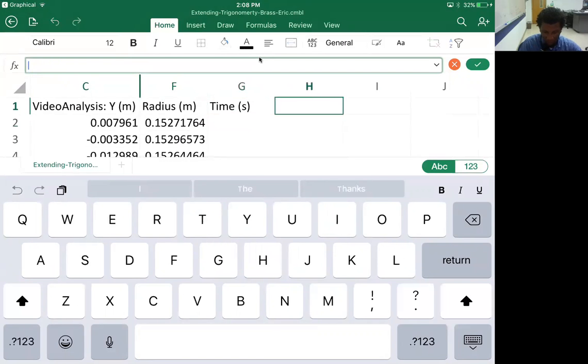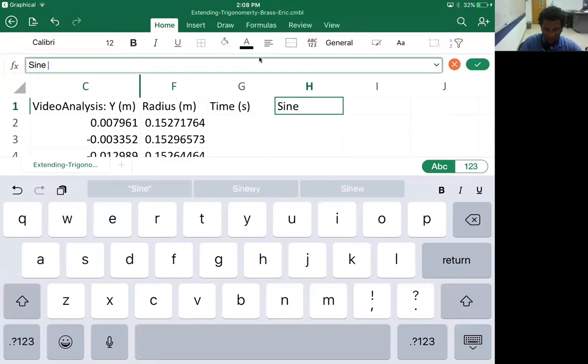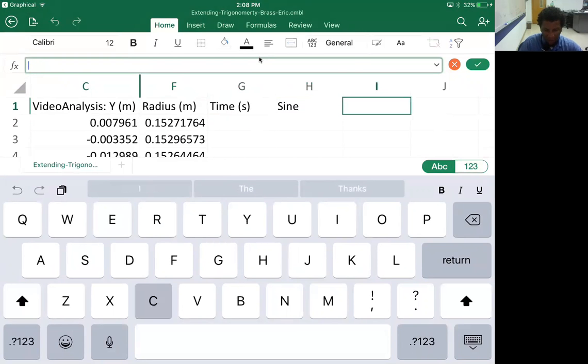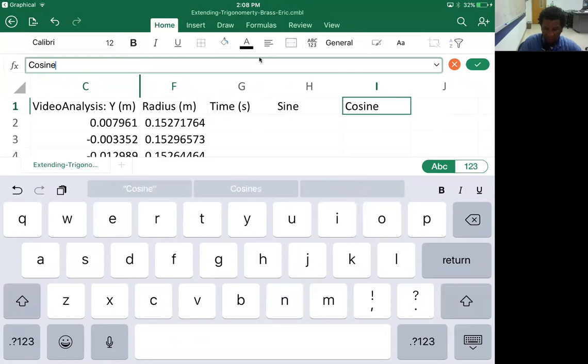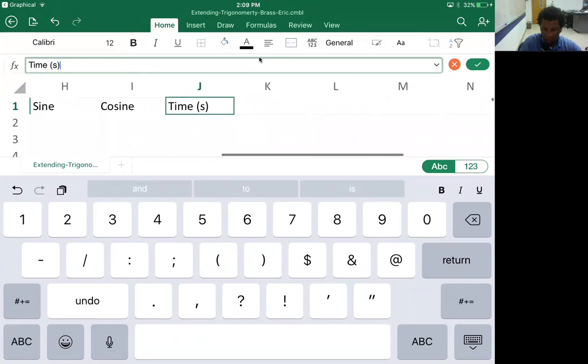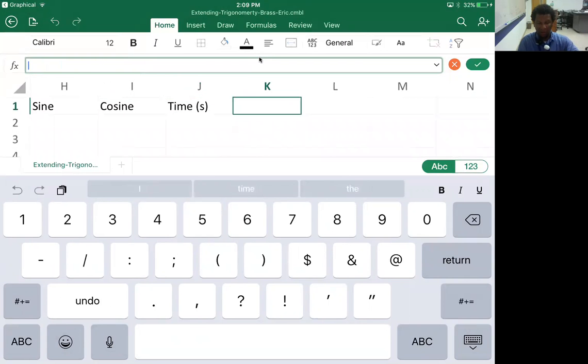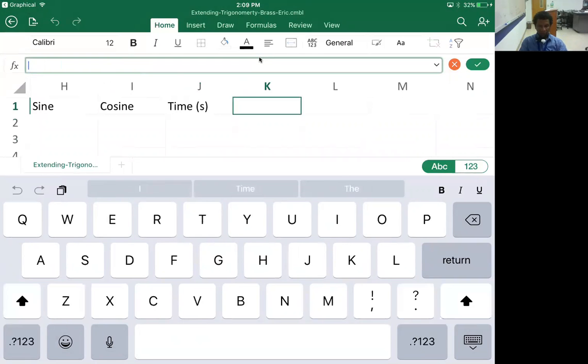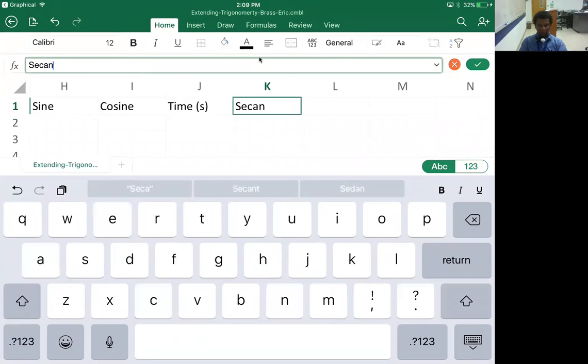Next column is going to be the sine function, and then the cosine function will follow that. Then we're going to do time again. Okay, and in this column, we're going to have secant, and then the next column is going to be cosecant.